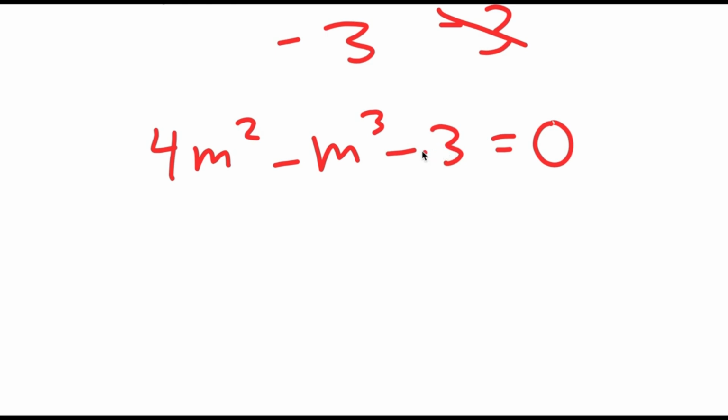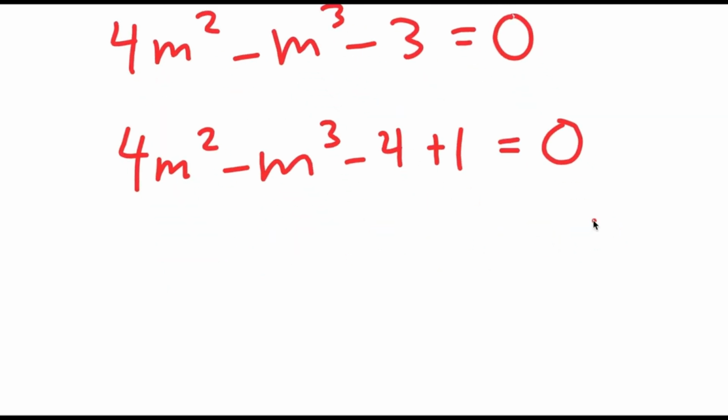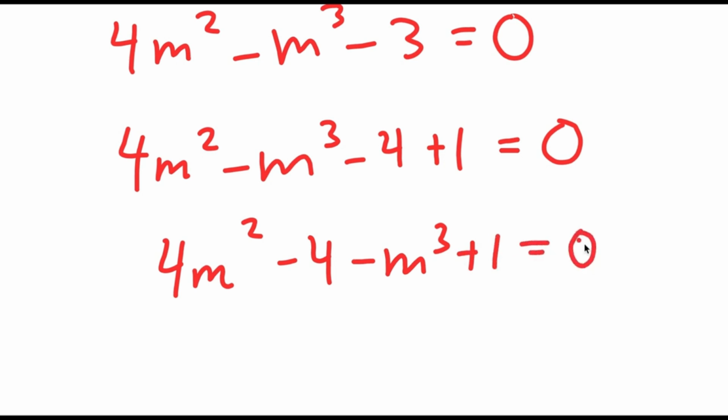Now I'm going to rewrite negative 3 here as negative 4 plus 1. And now from here, I'm going to reorder this so that I have 4m squared minus 4 minus m to the power of 3 plus 1 is equal to 0.